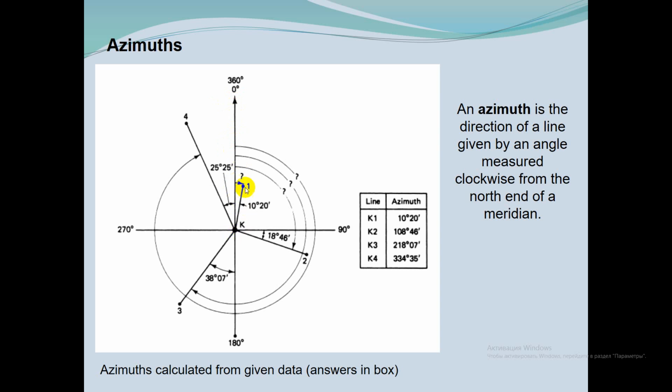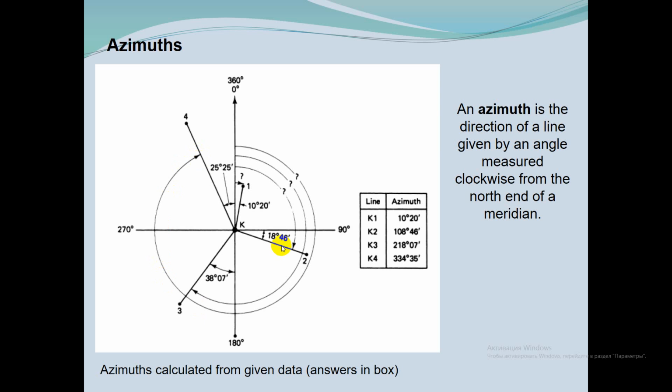So K1 azimuth is this one, K2 azimuth this angle, K3 azimuth this one, and K4 azimuth this angle, 334 degrees and 35 minutes.